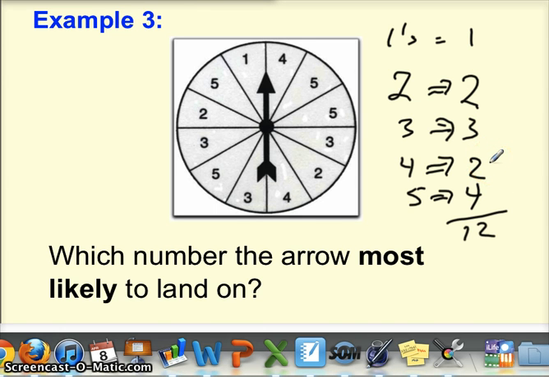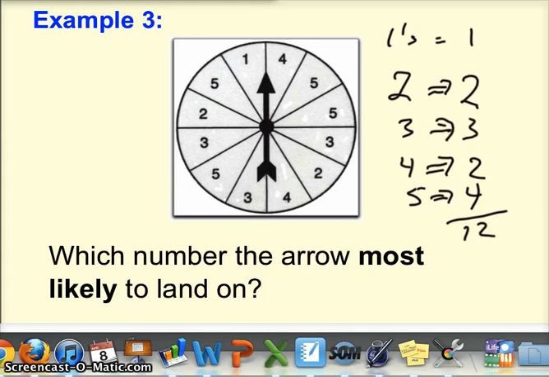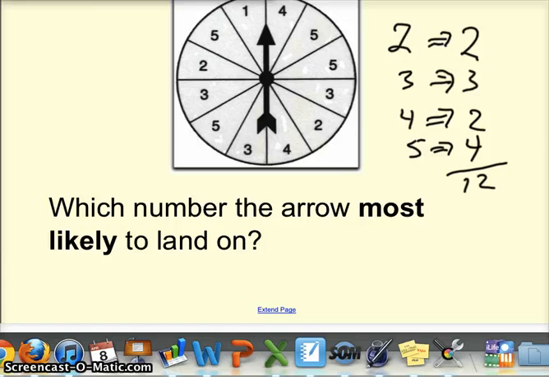And I could also ask which number has the least likelihood of being landed on, and that would be a 1 because there's only one 1. And I could even get a little tricky and ask what's the probability of landing on a 6? Well, there is no 6 on here, so of course that would be 0 probability.